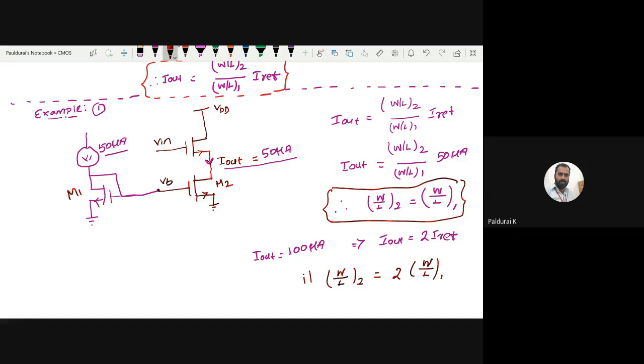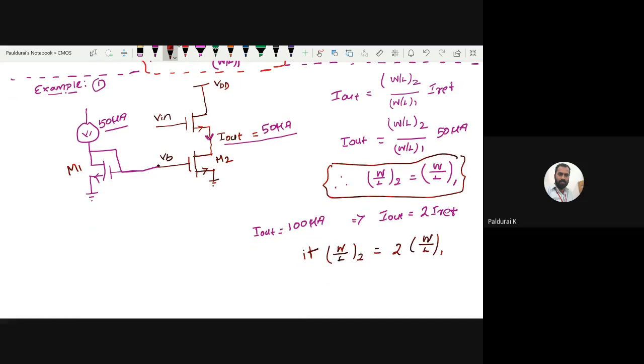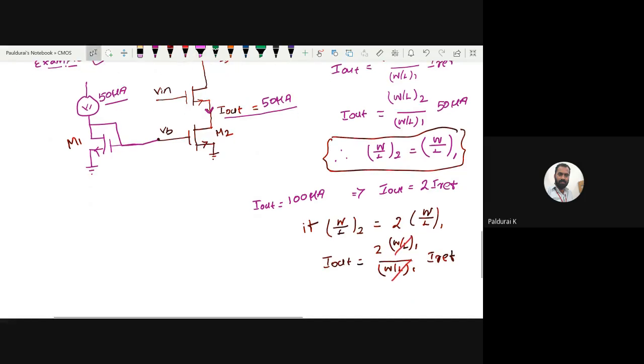Then what is your I out? I out equals width to length ratio of second transistor, which is 2 times width to length ratio of first transistor, over width to length ratio of first transistor, times I ref. Now these two get cancelled, so you will end up with I out equals 2 times I reference.